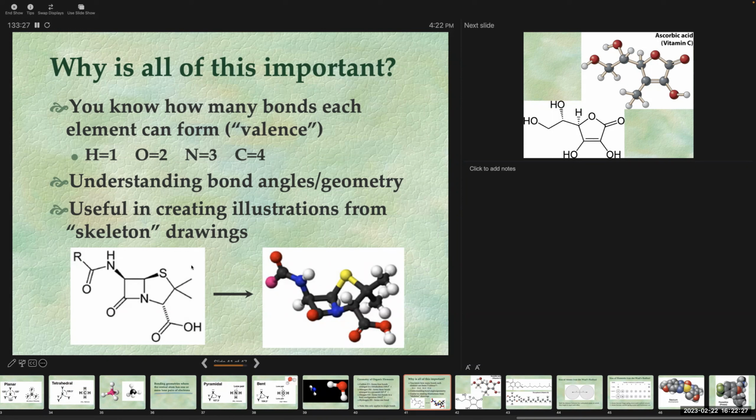It forms 4 bonds. That must mean there are 3 more hydrogens attached to that carbon atom that simply aren't shown. And you can see that over here in the right-hand picture. There's a carbon out here at the end with 3 hydrogens attached to it. There's another carbon just below that one with 3 hydrogens attached to it. Those represent these little sticks.